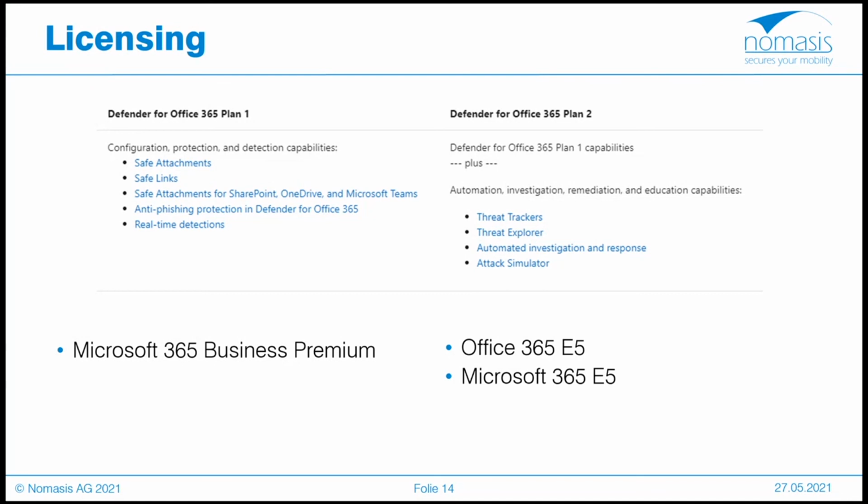With the E5 licensing upgrade, with the Plan 2 that becomes available, you can also use threat trackers or the attack simulator, which can be used to run realistic attack scenarios in your organization and lets you identify vulnerable users before a real attack would take place.